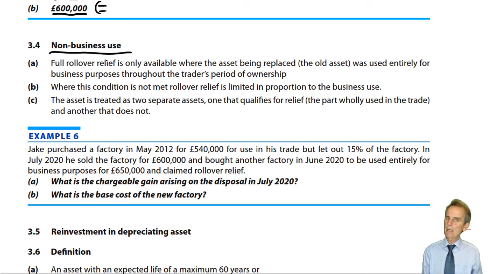Clearly, that means not all of the gain would be eligible for rollover. We're only able to roll over a gain arising on an asset used within the trade. So we're obviously going to restrict the amount of rollover that is available. The gain that is eligible for rollover will be restricted.